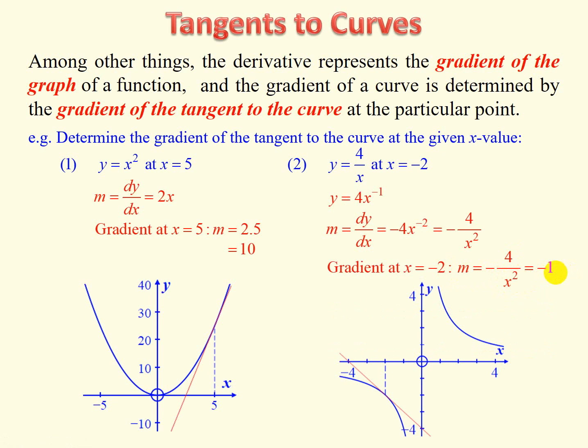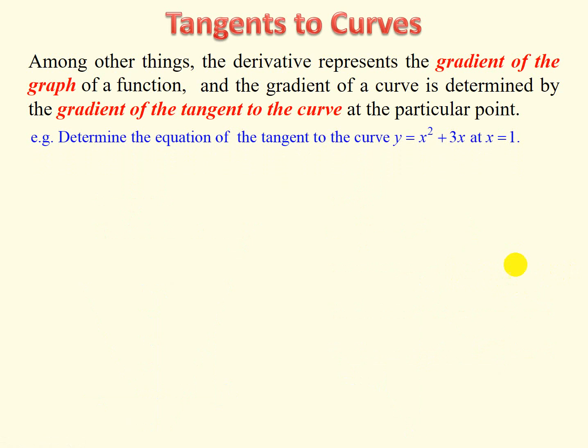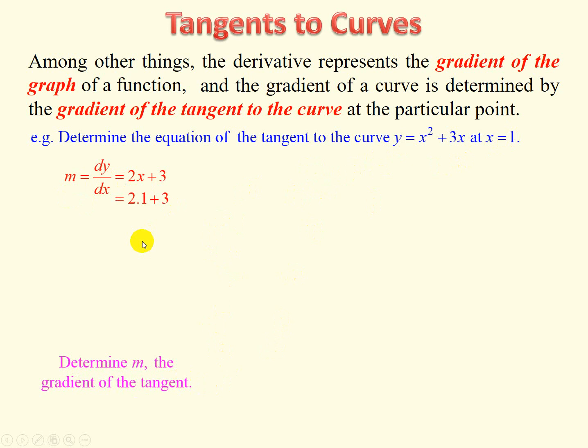So there's the gradient. Now we're going to find the equation of a tangent to the curve. That's what I was talking about. We need to know the gradient, and we need to know the point through which it passes. So let's determine the gradient first. The gradient comes from the derivative. So we differentiate. We're going to substitute 1 for x, and there is the gradient of this tangent, m equals 5.